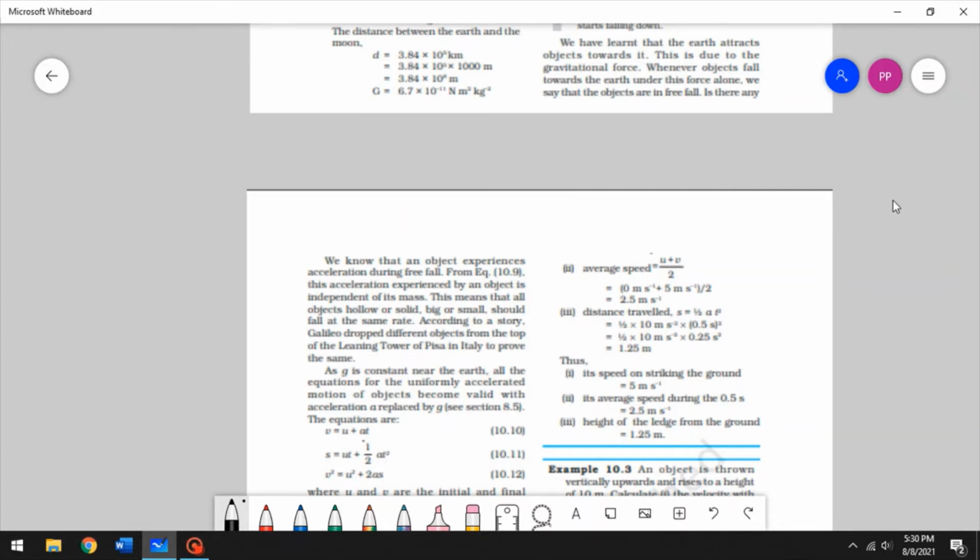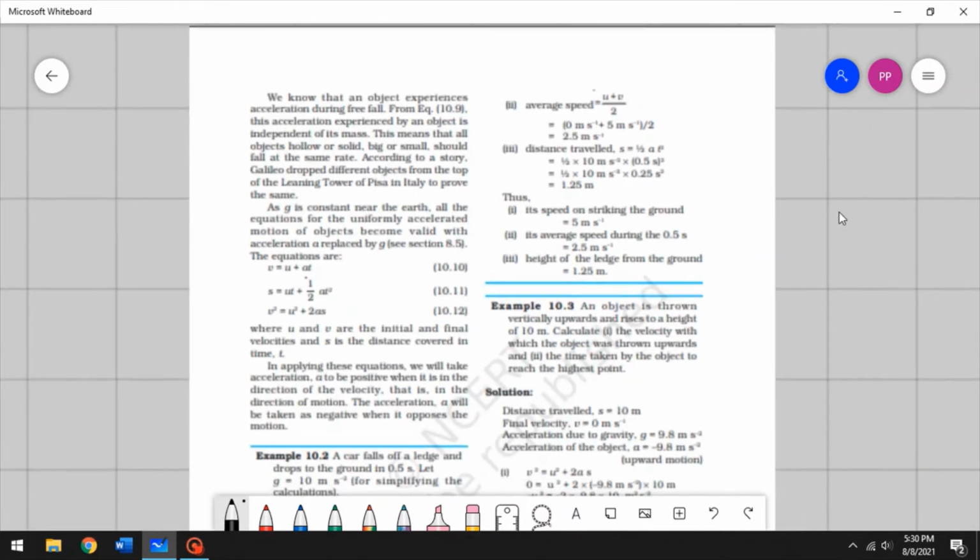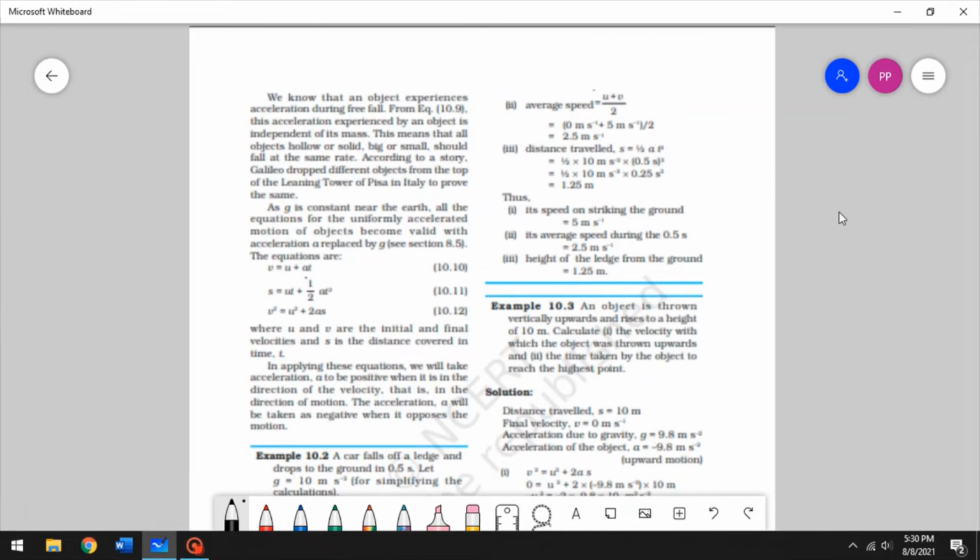All right. So we know that an object experiences acceleration during free fall. So one way to think about it, if you've ever watched animations when you were young, so many animations have this concept that a character jumps from a diving board into a swimming pool.